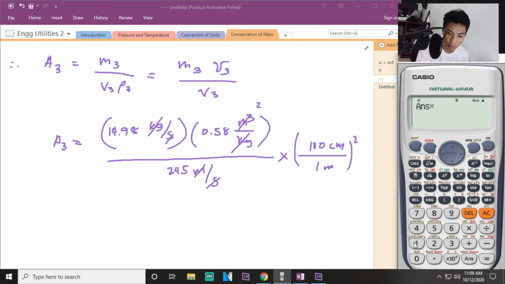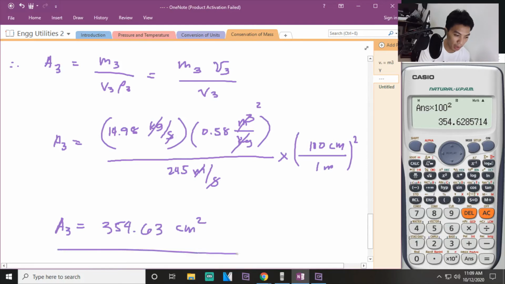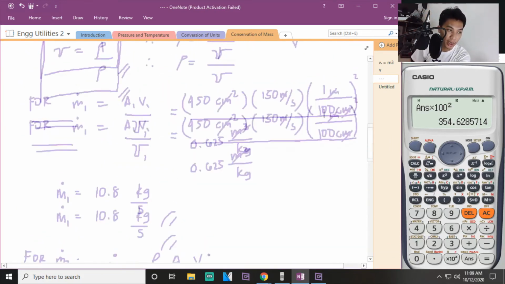Times 100 squared. The answer will be 354.63 cm squared. Kaya madali ba? Kayang-kaya niyan. Matatalino kayo. Bilib ako sa inyo. So, that will be the proper way of solving kapag mixing chamber.